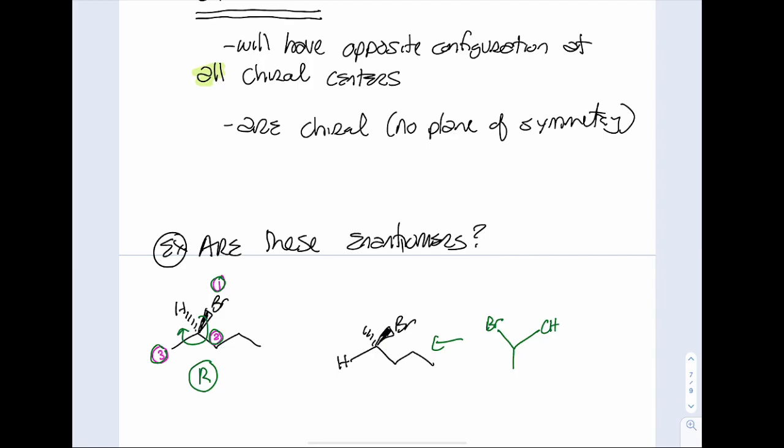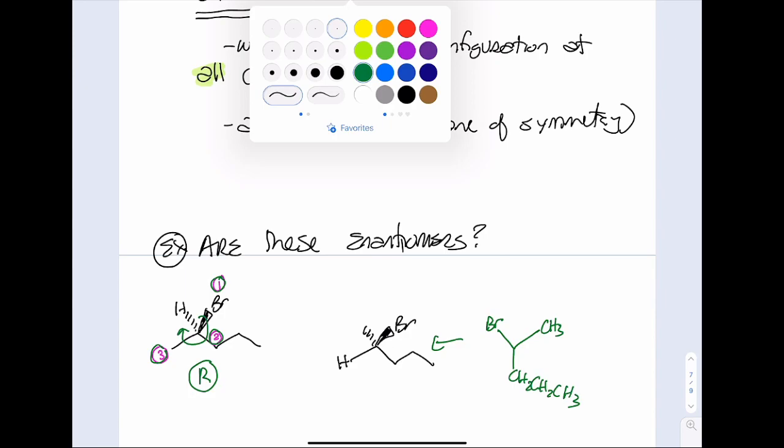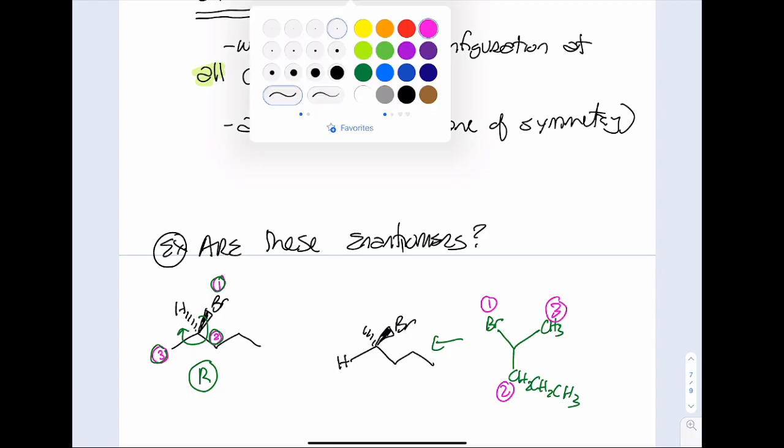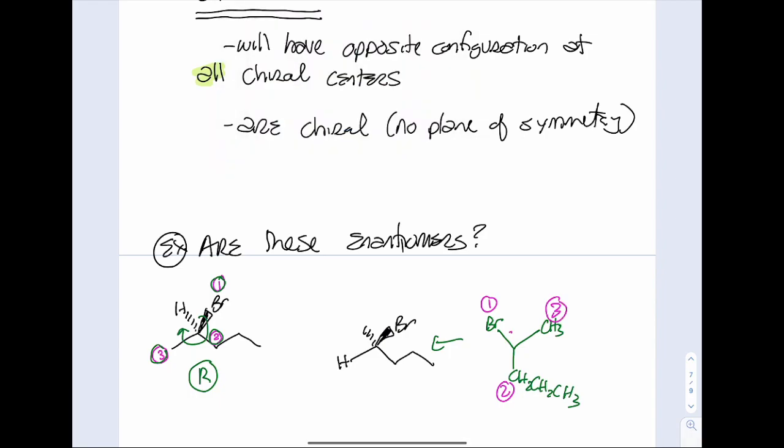This is going to be that methyl group, and then this is going to be my propyl group. So highest priority is still my bromine. It's the same order. And then when I go from 1 to 2 to 3, this time I'm going counterclockwise, so this is S.